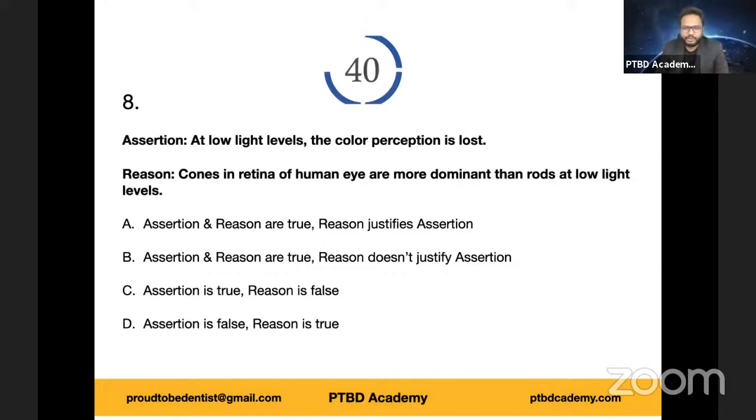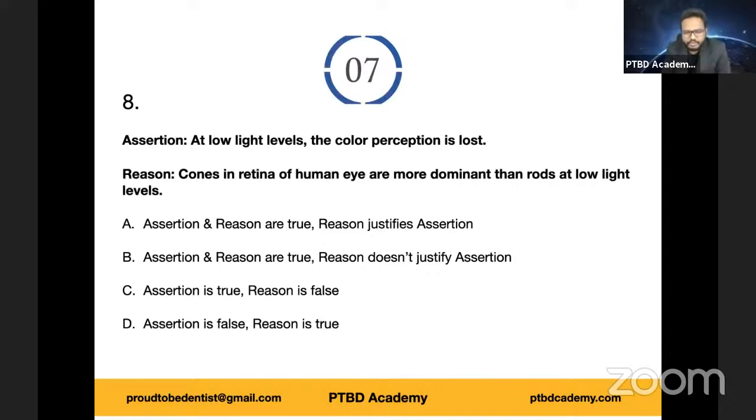Because I'll not trouble you much. At low light levels, it's the rods which are more dominant. See, cones are associated with color perception, rods with light perception. During low light conditions, it's rods which are more dominant and active. So the color perception is lost. As the brightness increases, color actually changes.